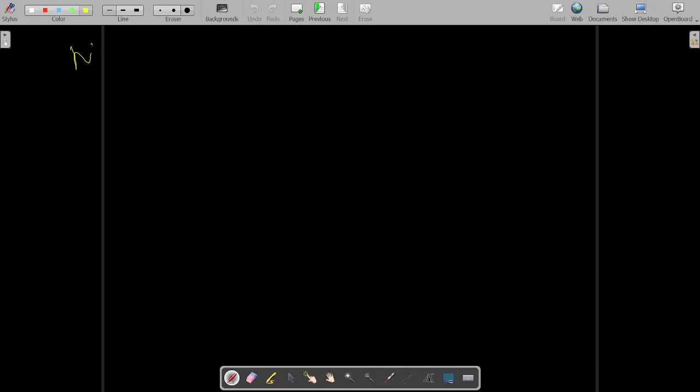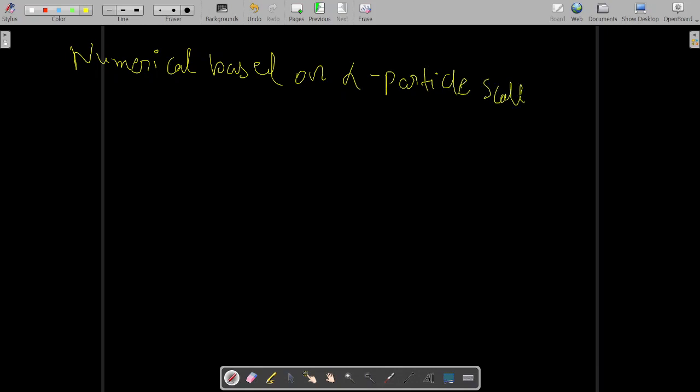So, a numerical based on the alpha particle scattering method.